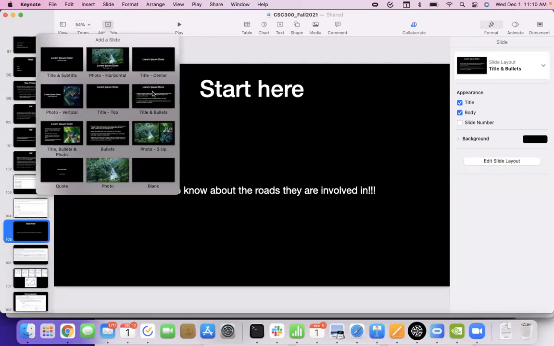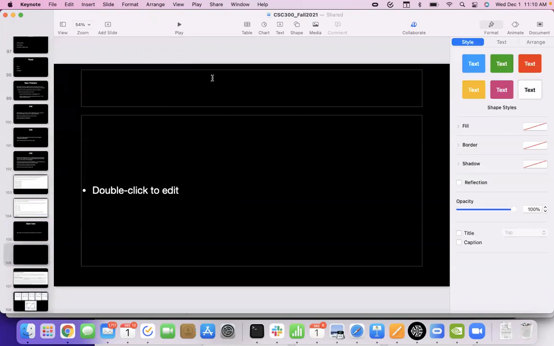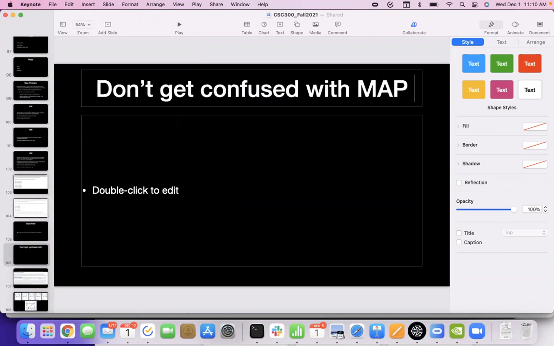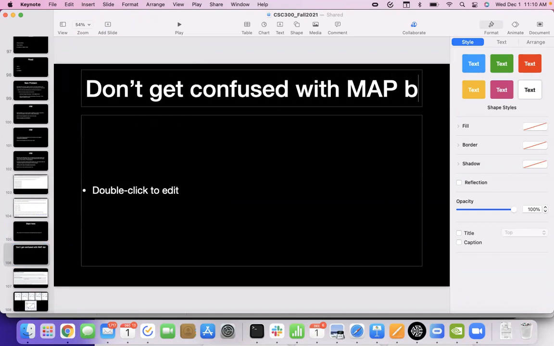Because it is related to what we're talking about here: don't get confused with map. Built-in data structures or data types.